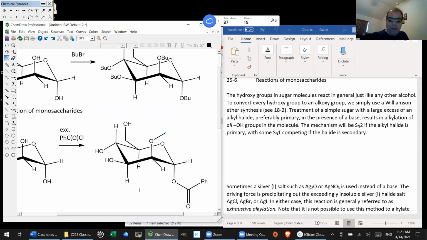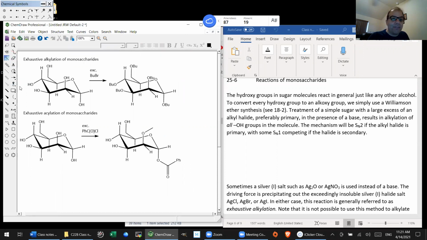Could you zoom out? It'll make it smaller, but if you want that, I can do that. You'll have plenty of time to copy because it's going to take me a little while to finish these structures. And again, it doesn't have to be benzoyl chloride.